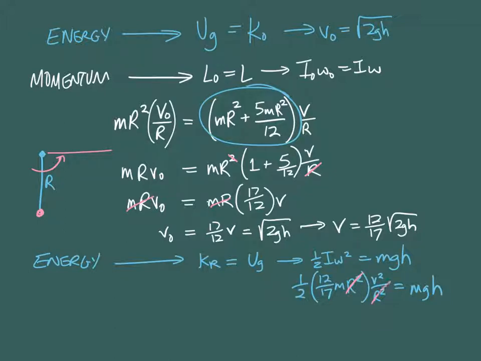Again, r squareds drop out, and we get, m's drop out, and let's take things over to the left here, and so h would end up being 12/34 v squared over g.